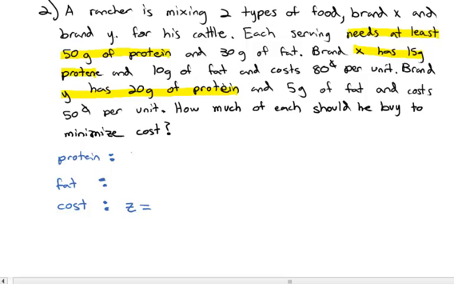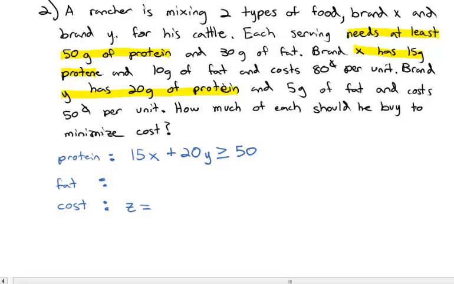So X has 15 grams of protein for each X, plus Y has 20 grams of protein for each Y. That has to be greater than or equal to, because we need to have at least 50 grams of protein. More than 50 is okay, but we need at least 50.